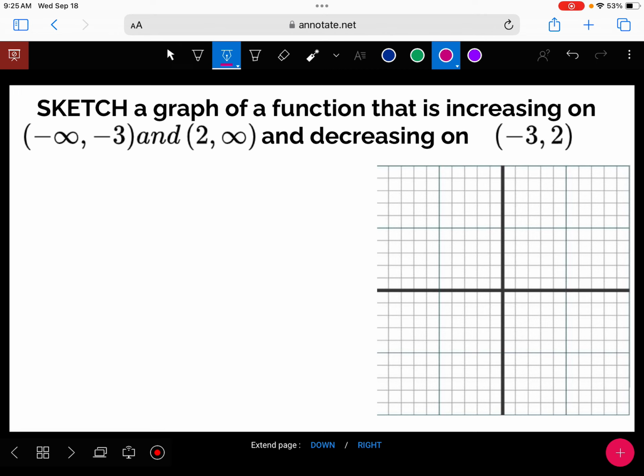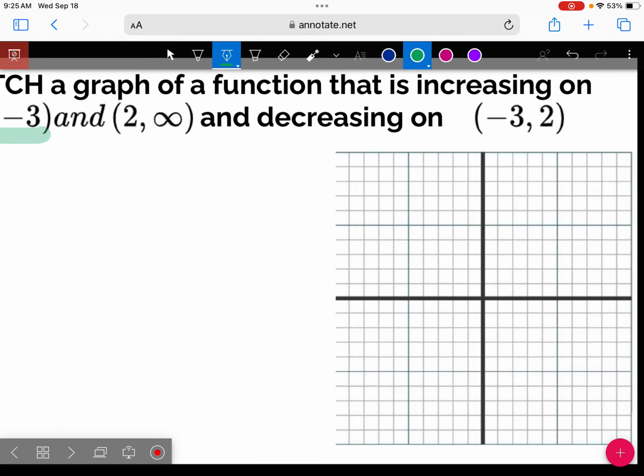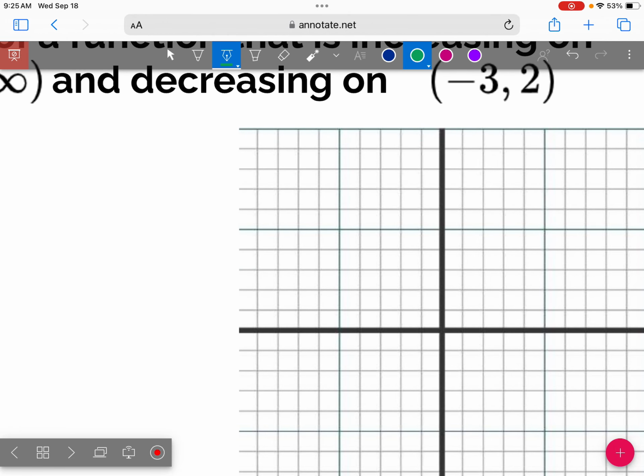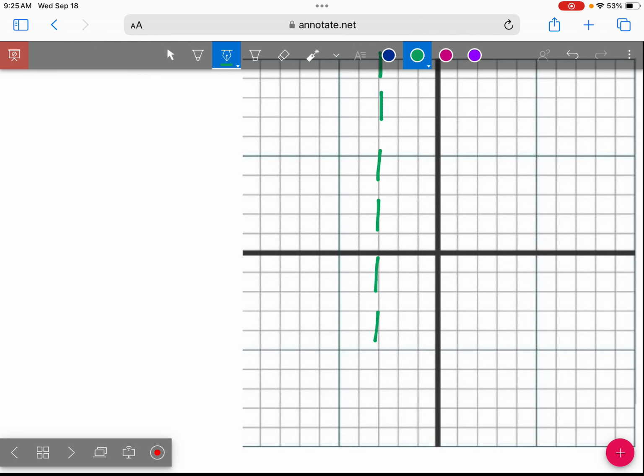Not asymptotes, but I'm going to graph them very similarly. So I'm going to look at the interval between negative infinity and negative 3. So I'm going to draw myself a vertical line at negative 3, because I know something's going to have to change somewhere around here.